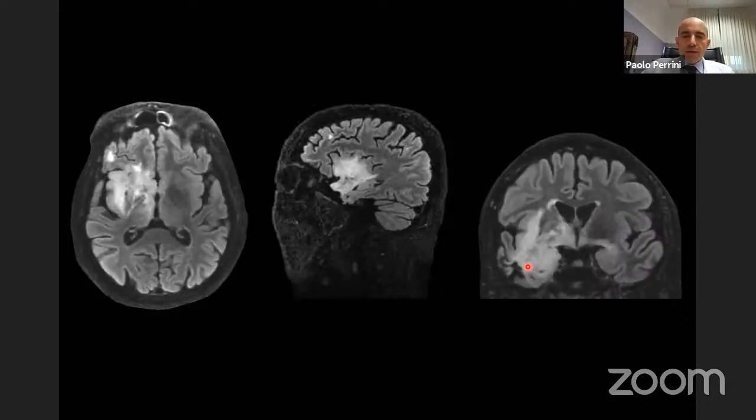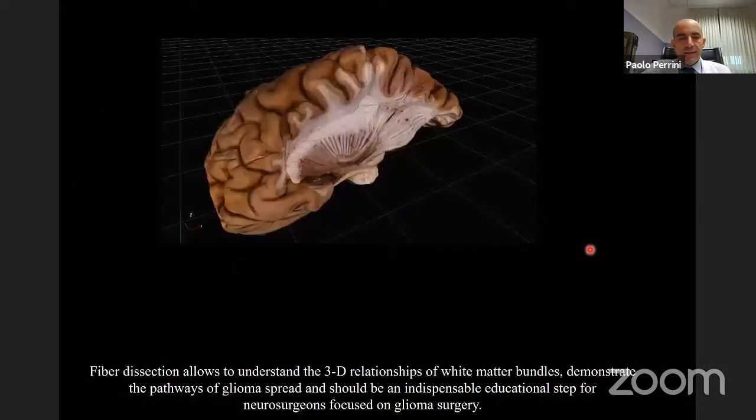Again, these tumors can grow to the ansa peduncularis, to the diagonal band of Broca, can go to the septal area, and can go also through the anterior commissure to the contralateral amygdala. So these concepts are very important in understanding the anatomy and the spread of gliomas.